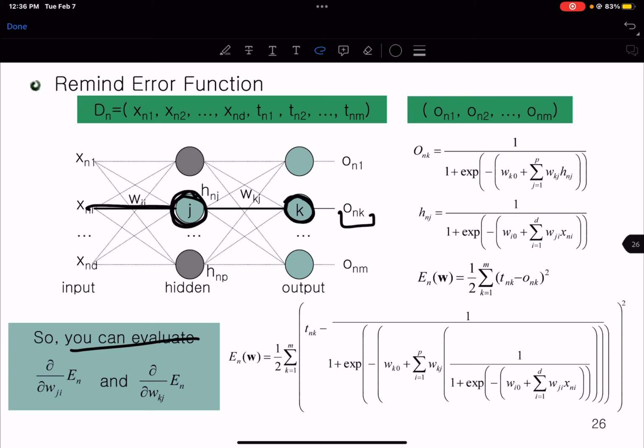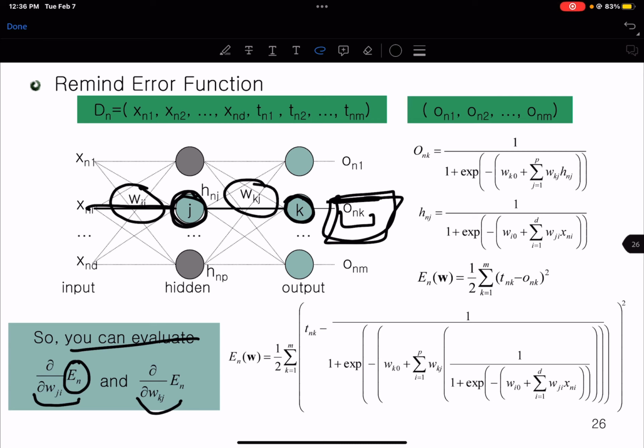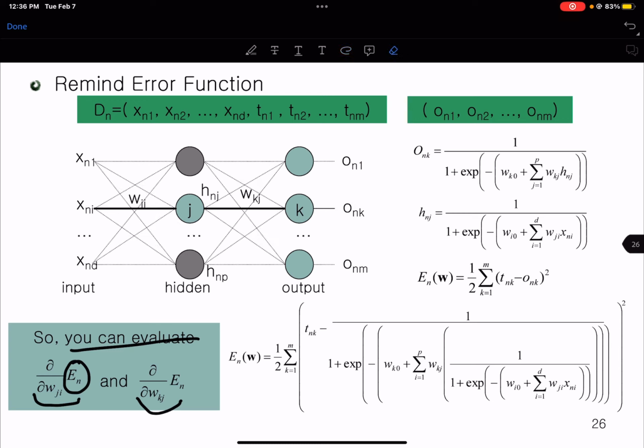So now we can calculate the error function with respect to the weights w j i and then w k j. If we want to estimate the error over here, at this point we have two weight matrices: first from input to hidden, then from your hidden layer to output layer. And when we go from backpropagation to update, first we go here and then we go here to update all the weight values in our network.